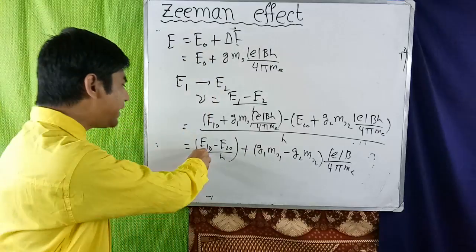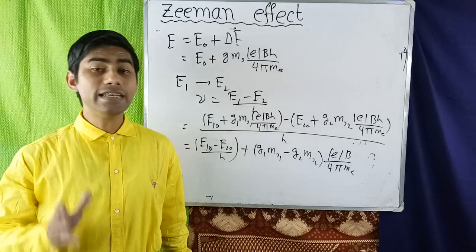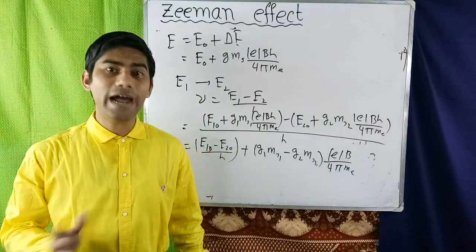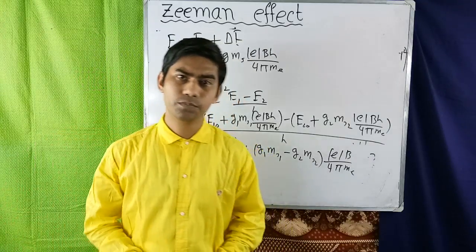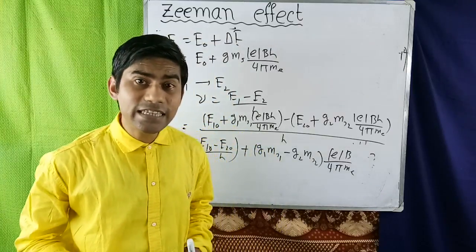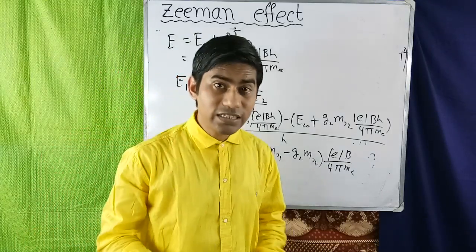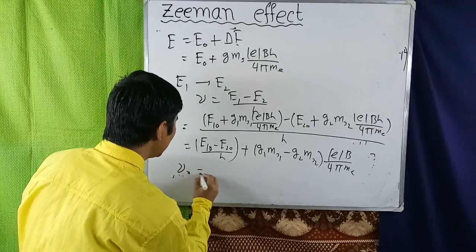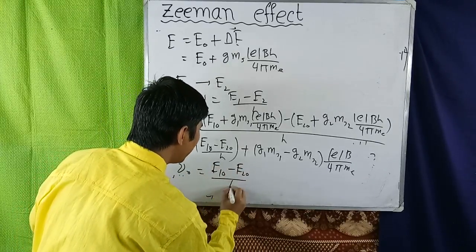Now here E10 is the energy of the atom in the state 1 in absence of magnetic field, and E20 is the energy of the atom in the state 2 in absence of magnetic field. Now in absence of magnetic field, the transition of an atom from state 1 to state 2 causes the emission of a photon of frequency nu 0 equals to E10 minus E20 by h.